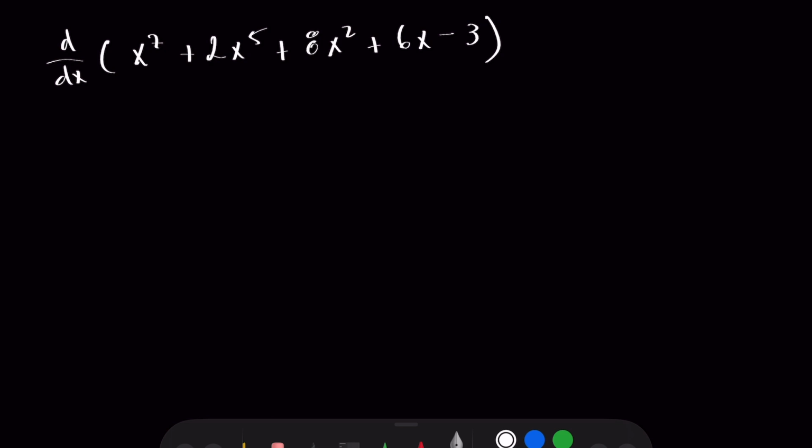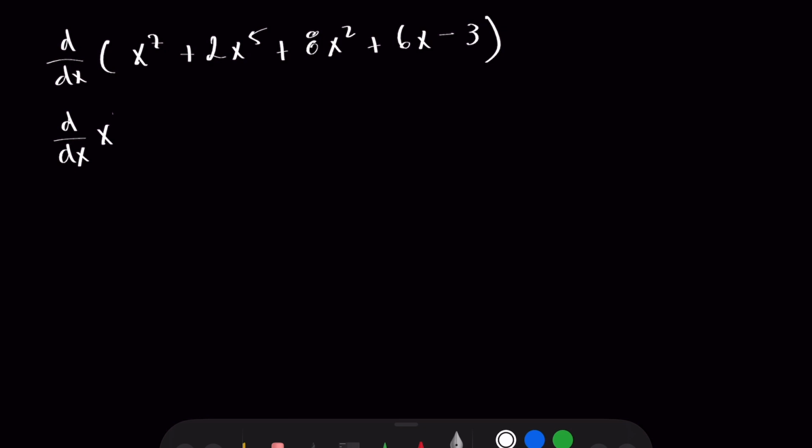All we're doing again is taking the derivative of each of the terms inside the parentheses. If you don't want to, you don't have to, but it's always good practice to write this down. So the first step is the derivative, and again, we're just distributing. Essentially, we're using the distributive property to distribute the derivative to every term here.